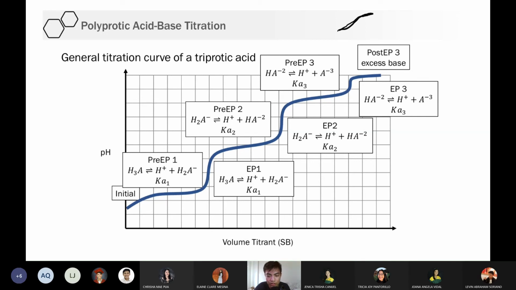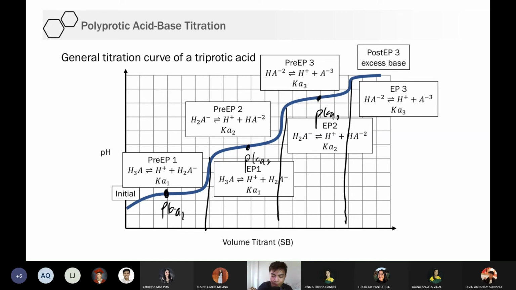Hindi na siya observable kasi maliit lang yung Ka niyan. And again, halfway before you reach the endpoint, you will see the pK values now: pKa1, pKa2, and the pKa3. Ayun yung mga important reminders.